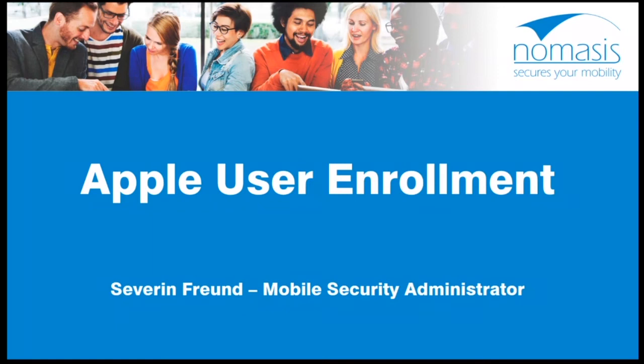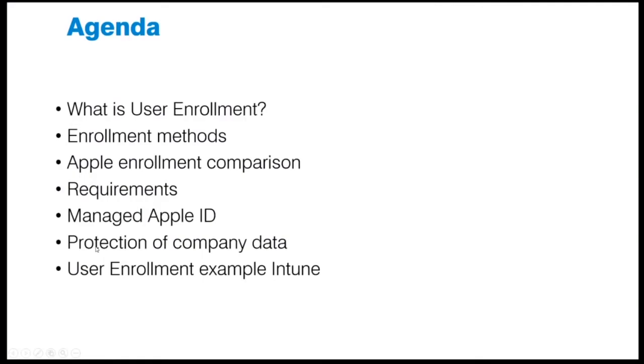to Apple's user enrollment and will show you the differentiation to the already existing methods like device enrollment and automated device enrollment. We will also be able to answer the question why we need another way of device management under Apple. First, we will find out what the idea behind user enrollment is and what keywords are associated with the new enrollment method.